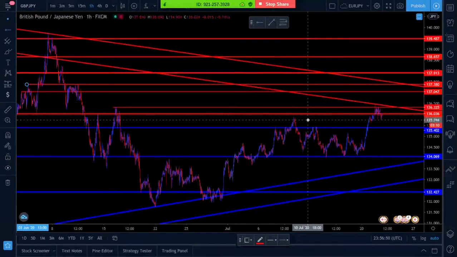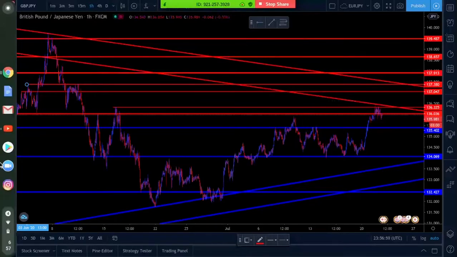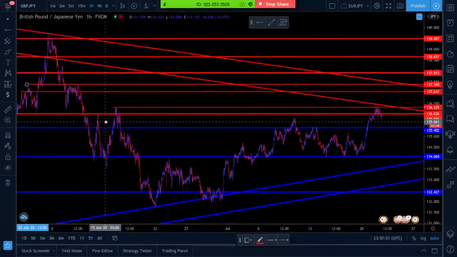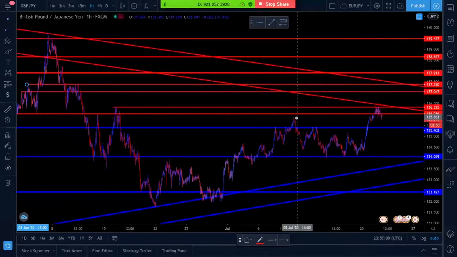Support. I'm trying to move a little bit fast since I know I want to get some trades in right when the hour hits, which is in like 3 minutes. I'm looking at these wicks as support, and I see there was previous resistance right there.